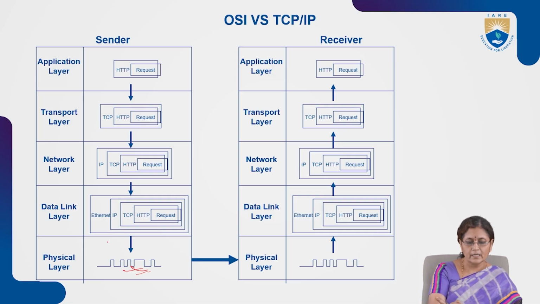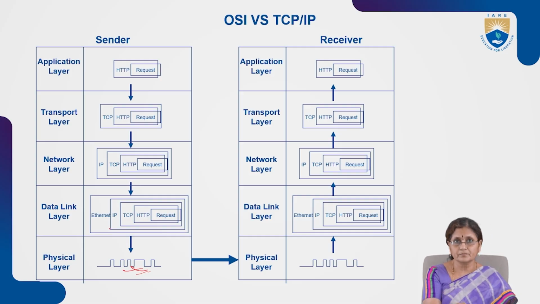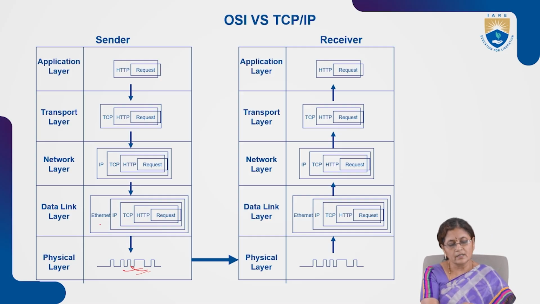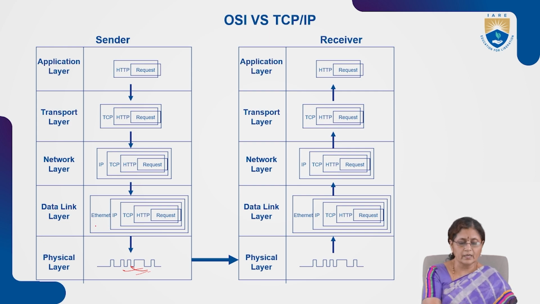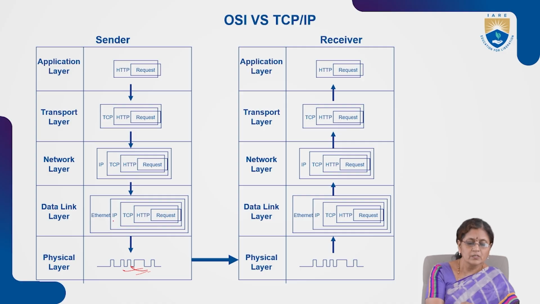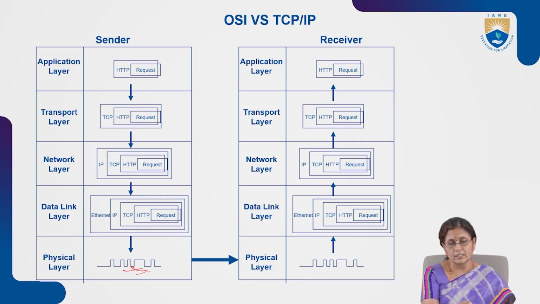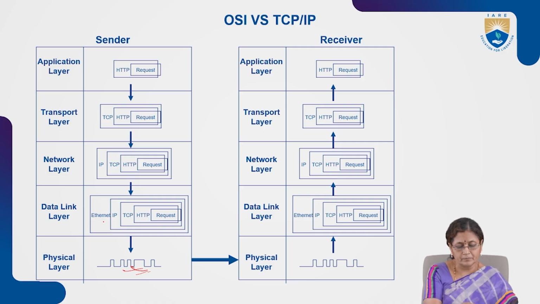In the data link layer, the Ethernet address is added, by using the Ethernet cable. The Ethernet device address is added here. So whatever message is sent should have the IP address and then the physical address, or MAC address, which we also call the machine address or device address.